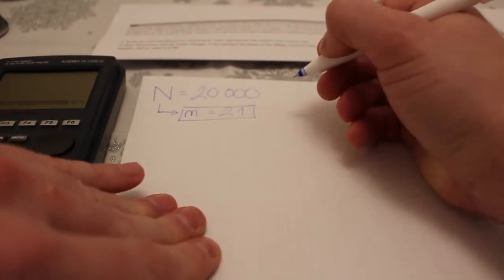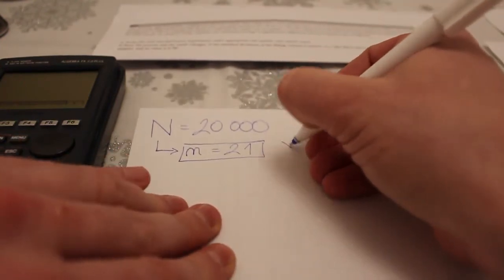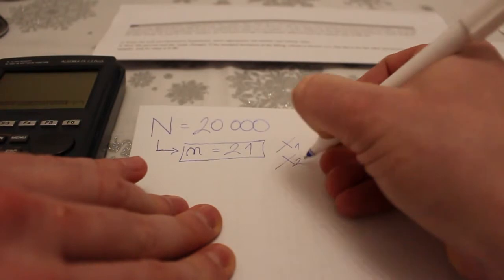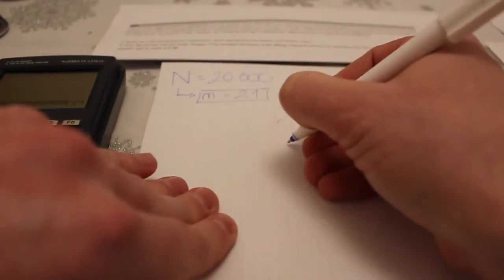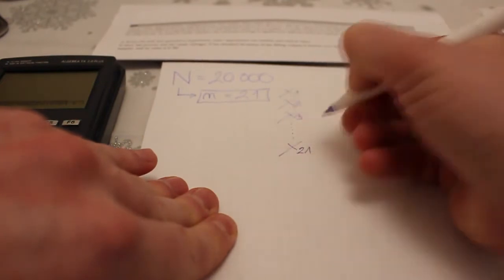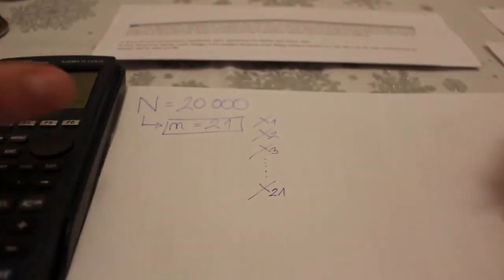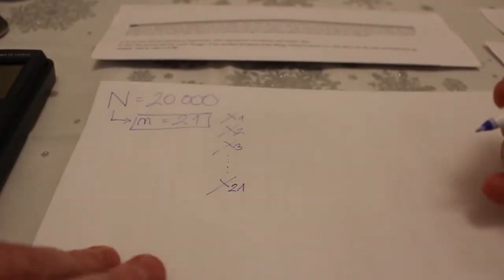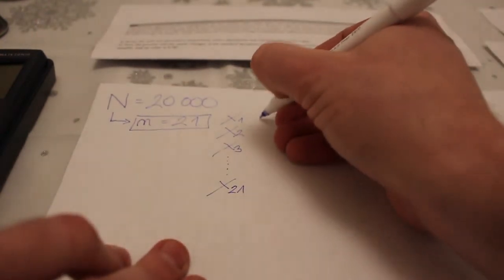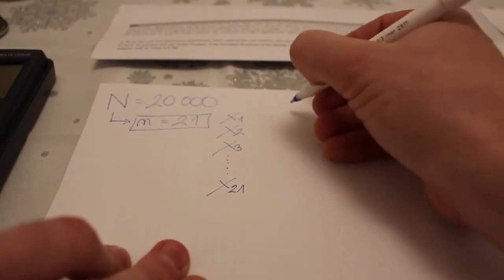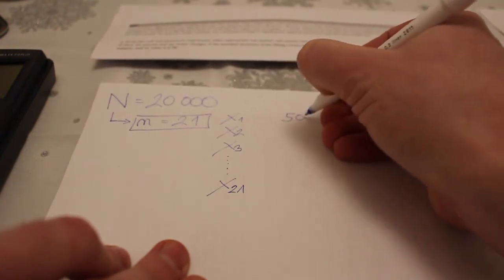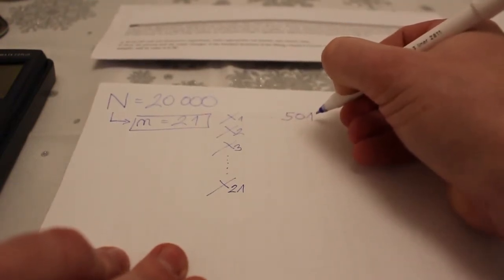So you have observations x1, x2, x3, until x21. 21 bottles, your random selection, and you measured, for example, the volume in this bottle, for example, 501 milliliters of beer.